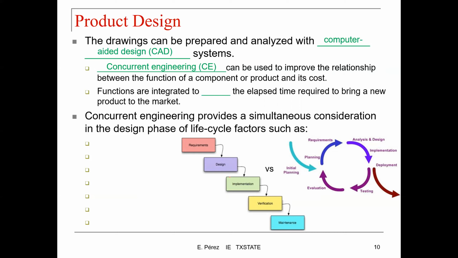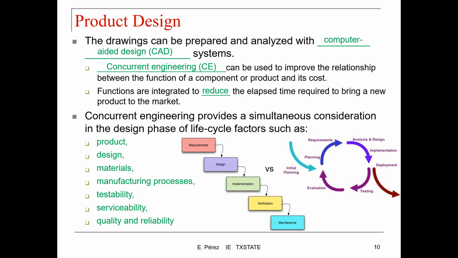Functions are integrated to reduce the elapsed time required to bring a new product to market. So concurrent engineering provides simultaneous consideration in the design phase of life cycle factors, such as product design, materials, manufacturing processes, testability, serviceability, quality, and reliability.